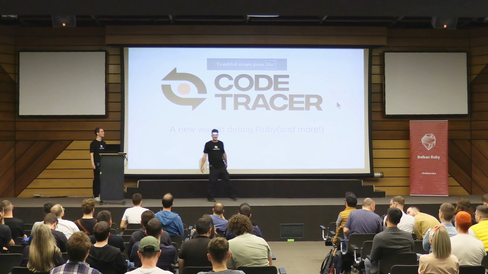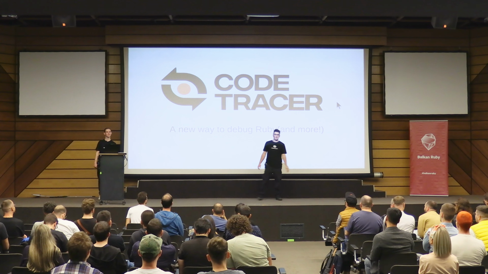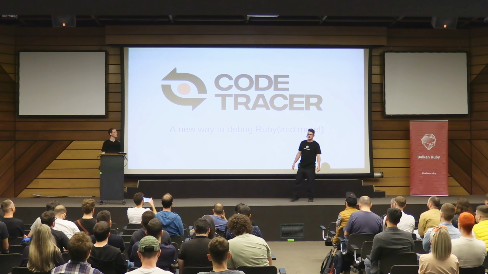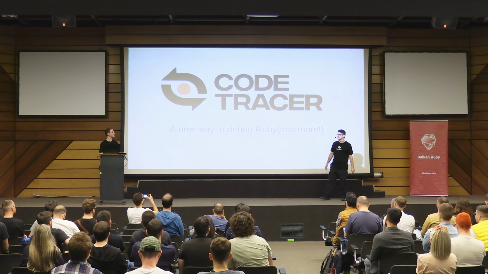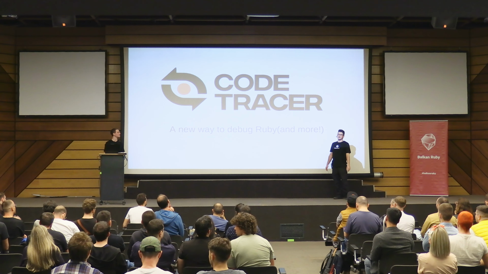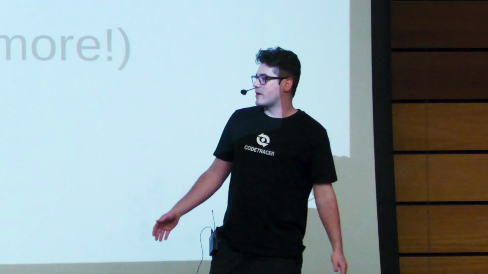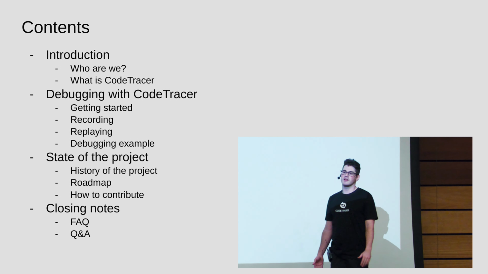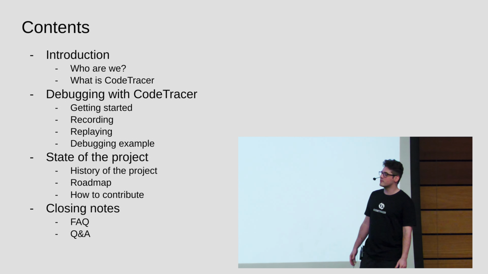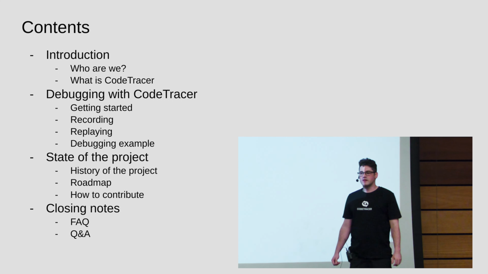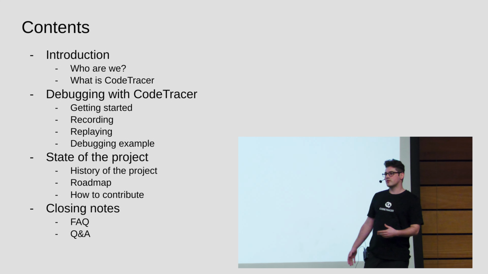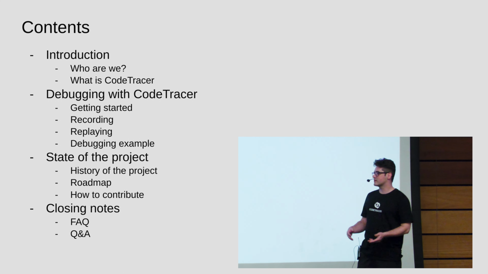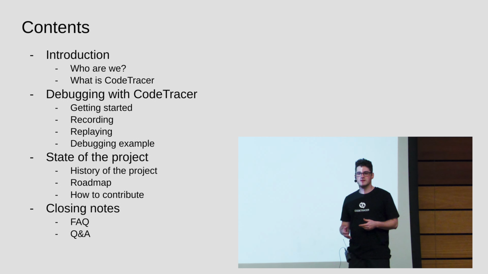Hello, everybody. Today we're going to talk about CodeTracer, which is a new way to debug Ruby programs. First off, we are going to explain what a time travel debugger is and show you a quick demo of how it works. Then we are going to go through some technical details about how exactly it functions behind the scenes.